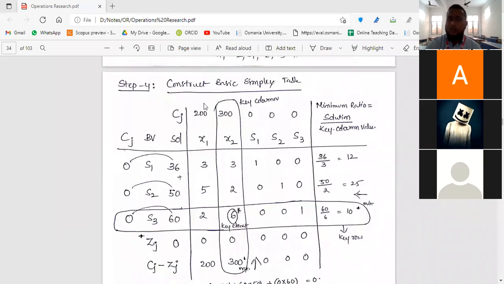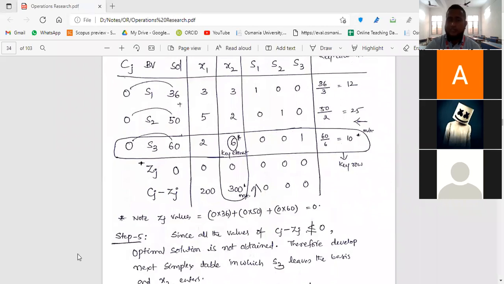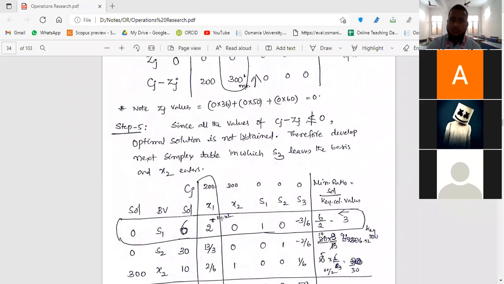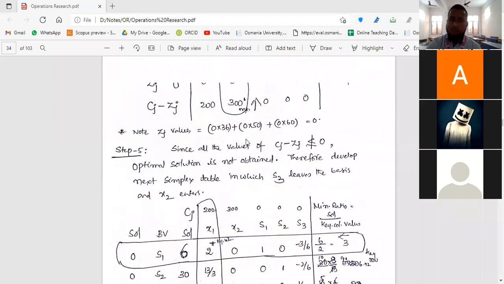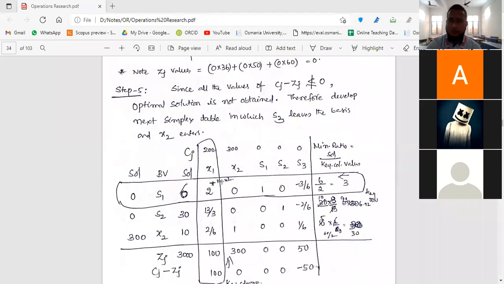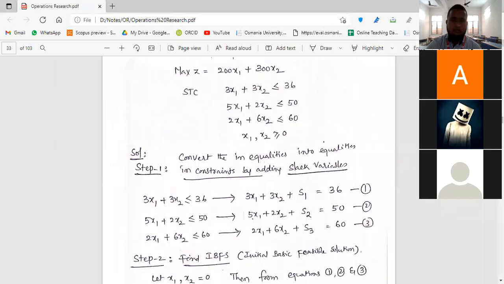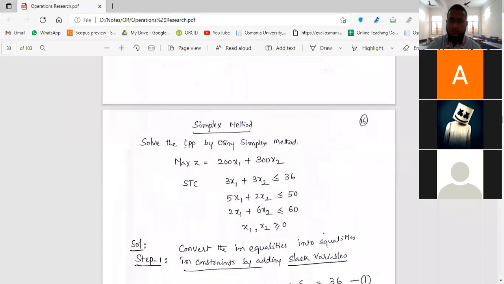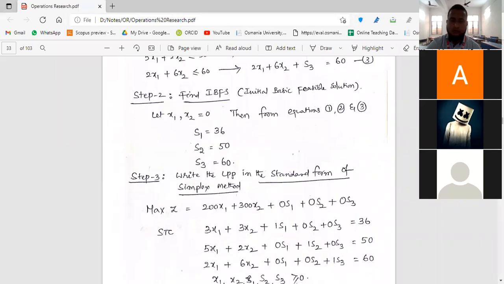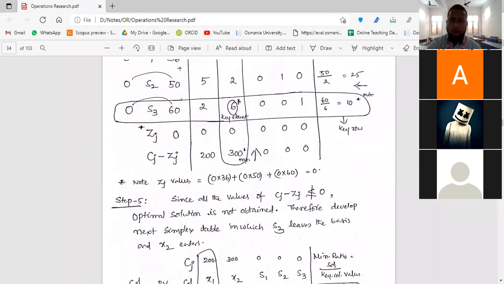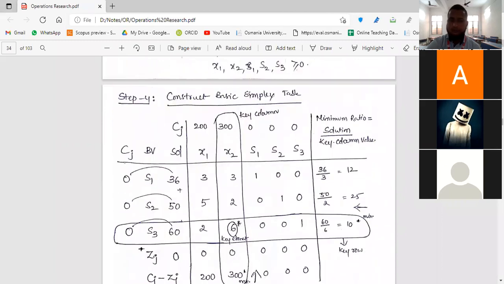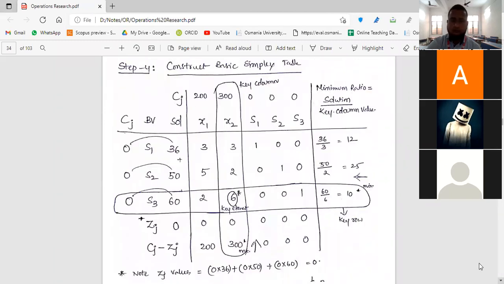Now in step 4, what you have to do is construct the basic simplex table. So what is the basic simplex table? Now you need to remember the format of the simplex table.